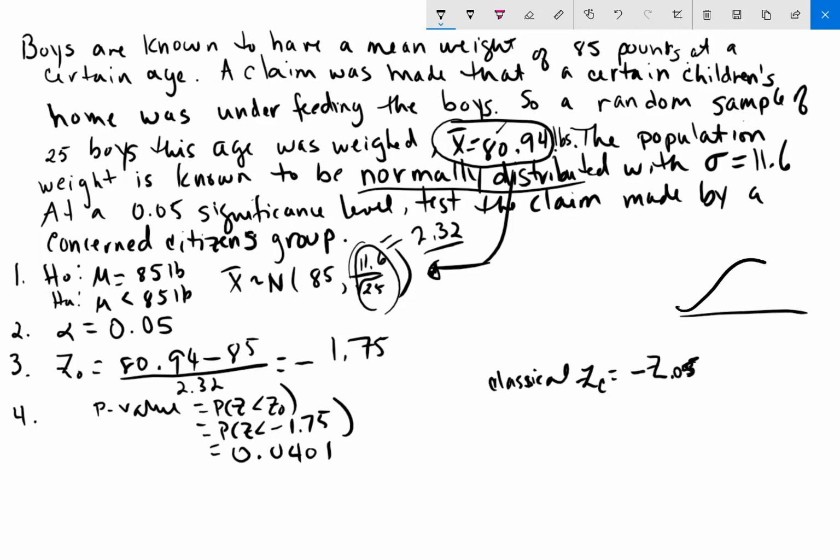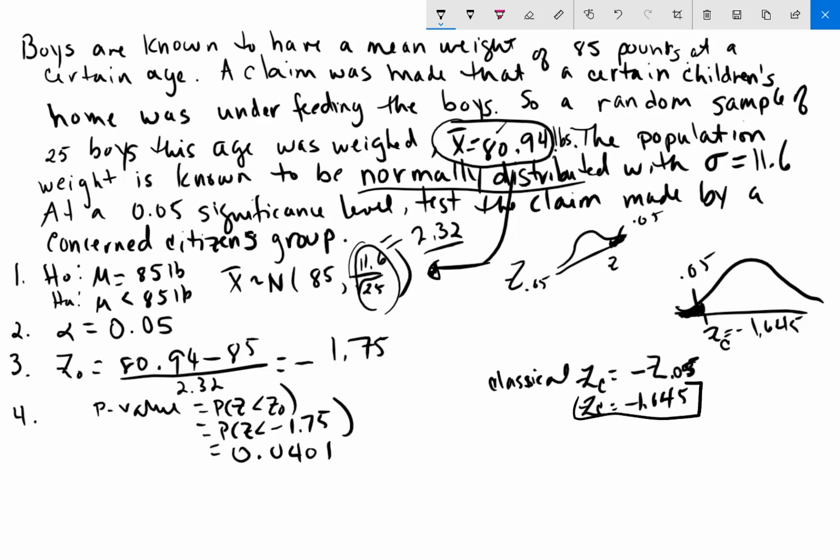In other words, because this is a left-tailed test, I'm trying to find the z-value such that 0.05 is to the left of it. And I know that z-value is negative 1.645. So my critical value is negative 1.645. Remember what this symbol means right here. It's always finding the value such that the area is 0.05. So when I said negative z of 0.05, it just means this right here. We're now in the left tail. So my critical value is that.